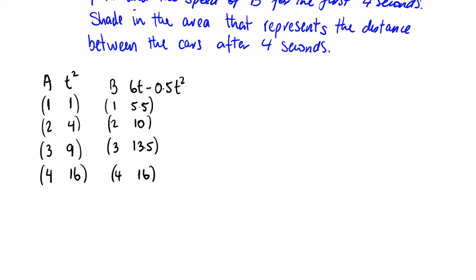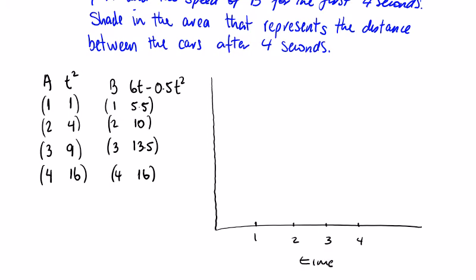So we're asked to sketch. I don't have a ruler on this, so you will probably have a more accurate diagram than me. 1, 2, 3, 4. This is my time in seconds, and this is my speed in meters per second.